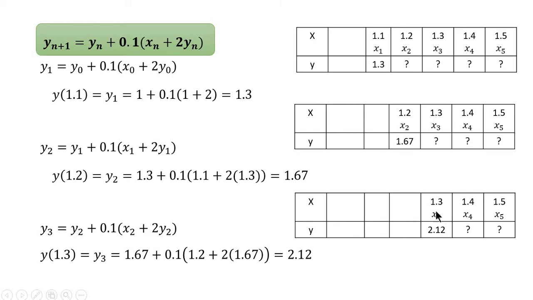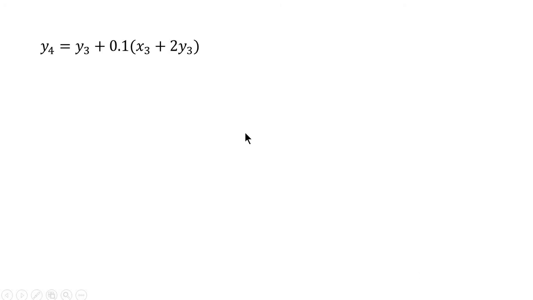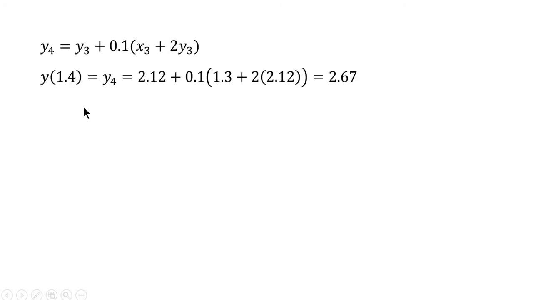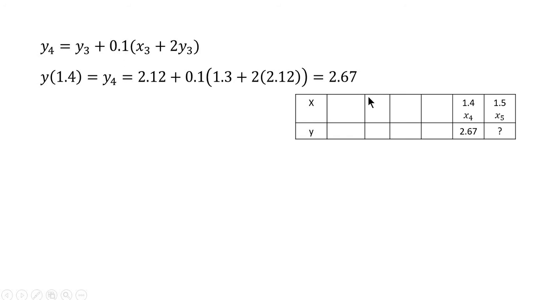Using these x3 and y3, I am going to compute x4 and y4. x4 we have already found out, we need y4. Okay, substitute these values, we get y4. I am going to update the table. So this is x4 and this is y4. Using these values, compute the next step values. x5 we have already found out. y5 is obtained using this formula.